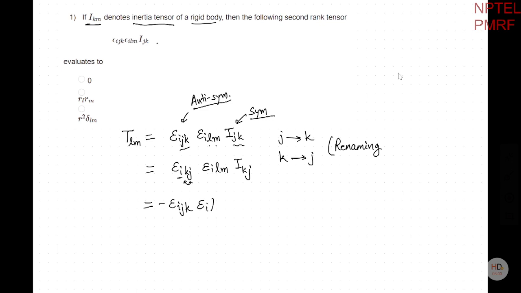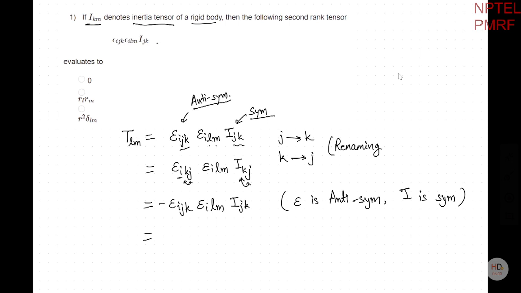This is epsilon_ilm and this is I. And again, I switch these two positions, but that doesn't give any negative sign because it is symmetric. So epsilon is anti-symmetric and I is symmetric under the interchange of two variables.